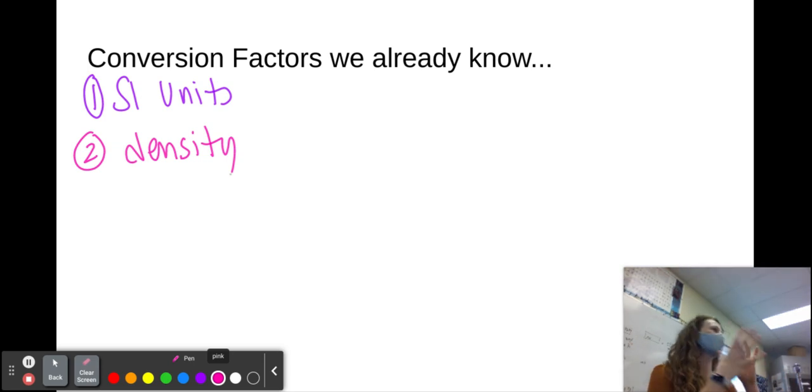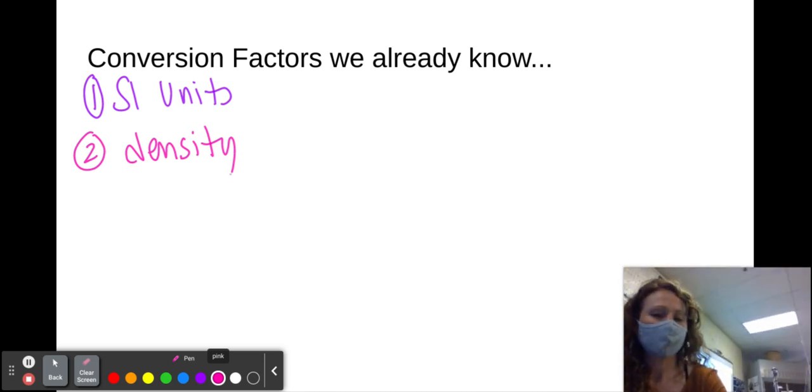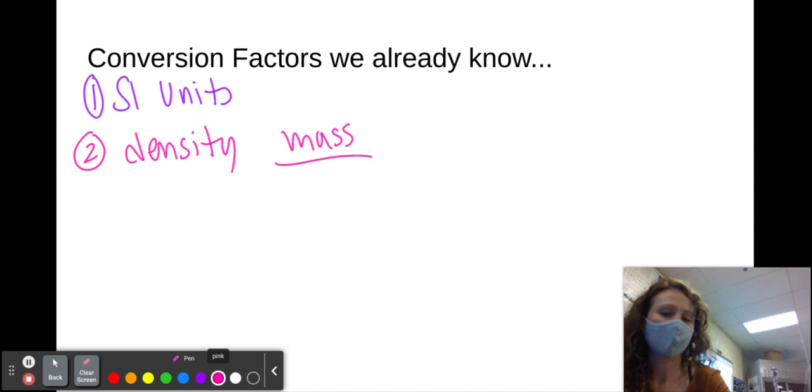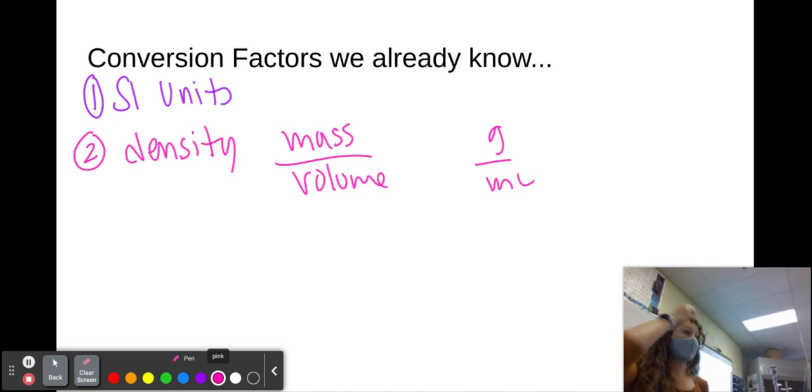If I have this whole room filled up with 3,000 balloons, my room is more balloon dense. So it's the number of things in a space. So when we talk about density, usually we talk about the number of things in terms of mass, and we talk about the space in terms of volume. So density is grams per milliliter.